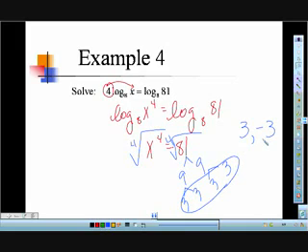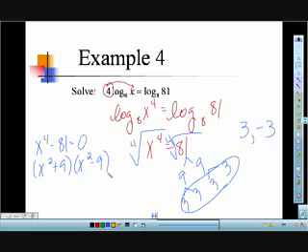However, if we took x to the 4th equals 81 and solved for 0, we would get x to the 4th minus 81 equals 0. And then we can do our factoring. So we'd have x squared plus 9 times x squared minus 9. And then here we could factor the x squared minus 9 as x plus 3 times x minus 3.